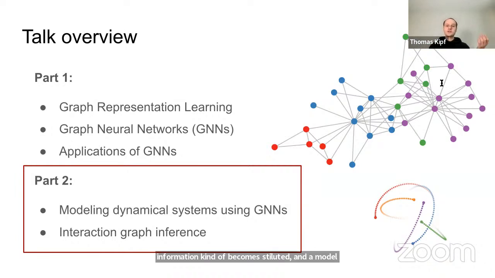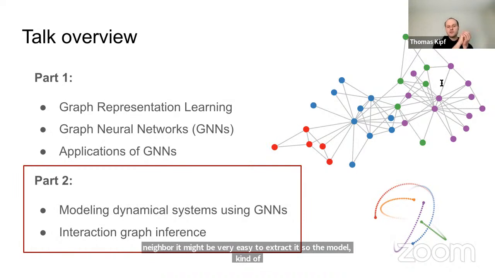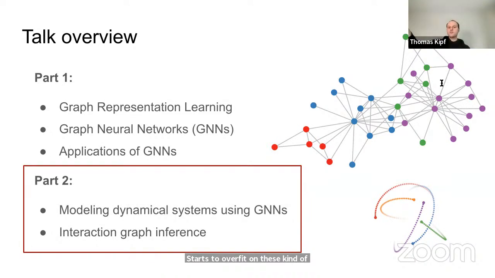Whereas on other nodes that only have a single neighbor, it might be very easy to extract it. So the model starts to overfit on these simple-to-extract nodes, and starts to underfit on those nodes that have a lot of information, because a lot of information gets lost in this averaging.